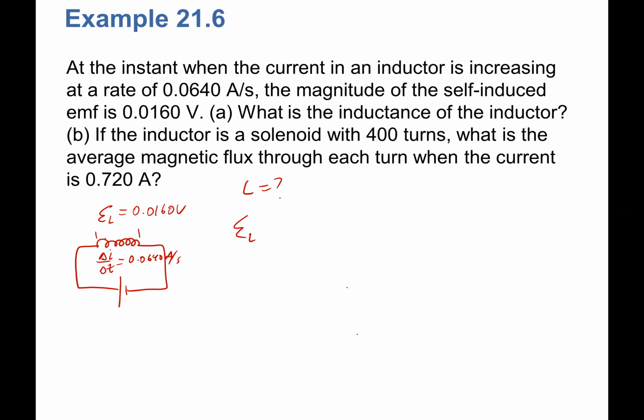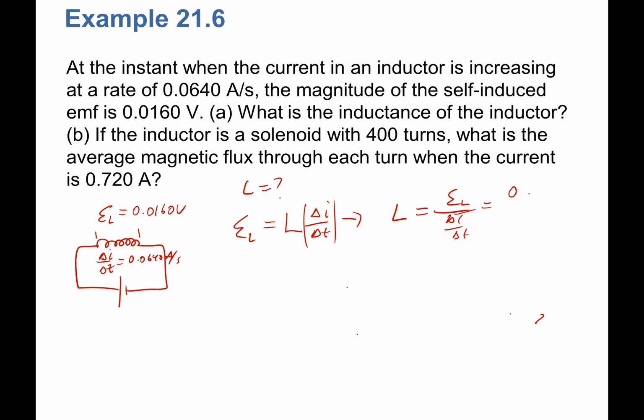But in any case, EMF is equal to the inductance of the inductor times the changing current over time. So I can rearrange this to find the inductance by taking the EMF and dividing by the changing current over time. Divide both sides by that.